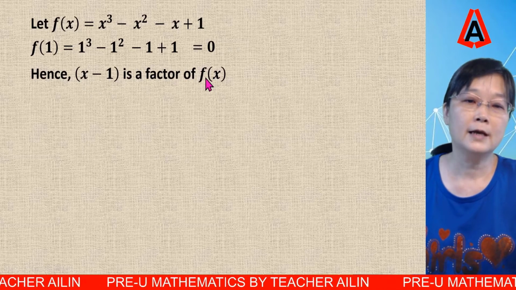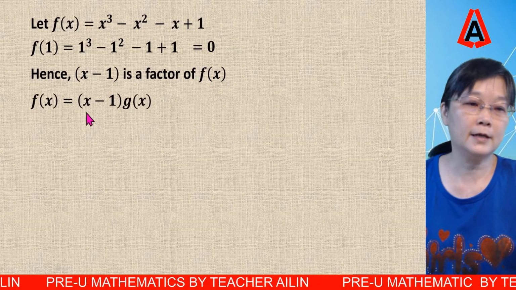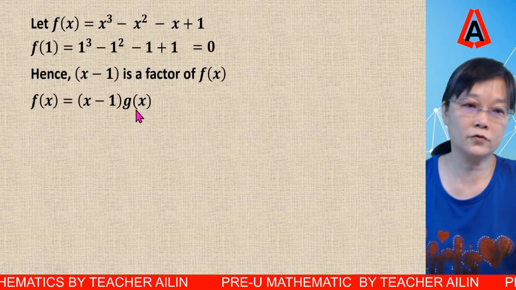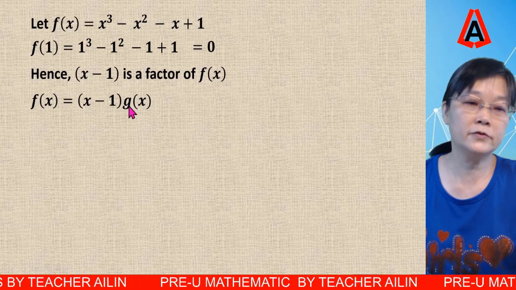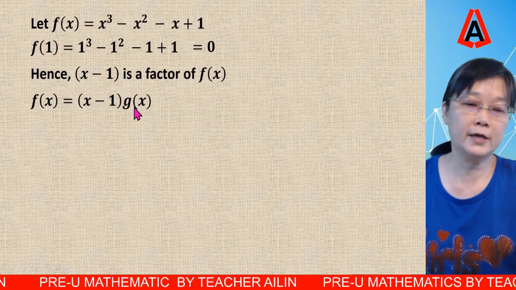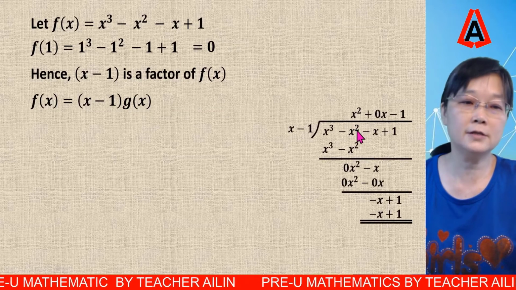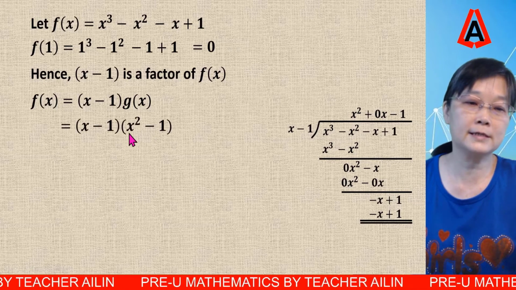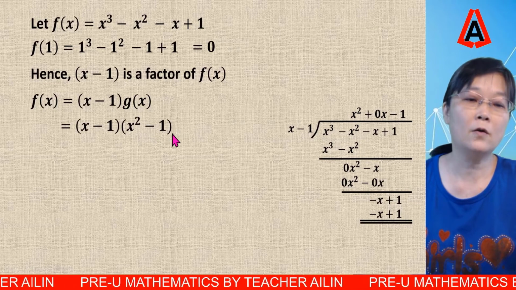So it means f(x) can be written as x minus 1 times another quotient. So now here I use g(x) as the quotient. So now I'm going to find g(x) by using long division. So after long division, I find that the quotient is x squared minus 1.